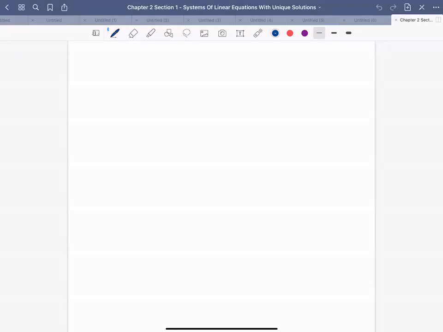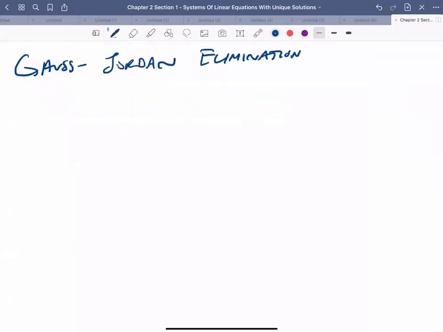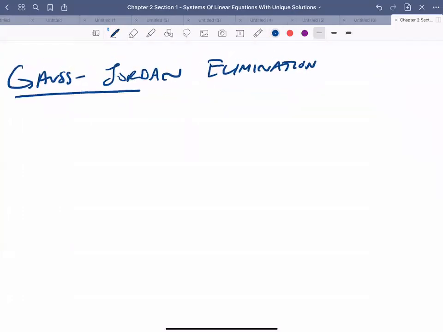So we're first going to look at exactly what we're going to be doing. We're going to be using something called Gauss-Jordan elimination.